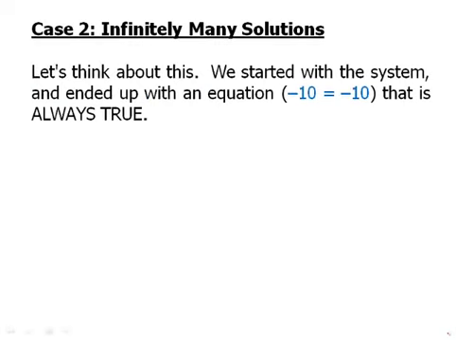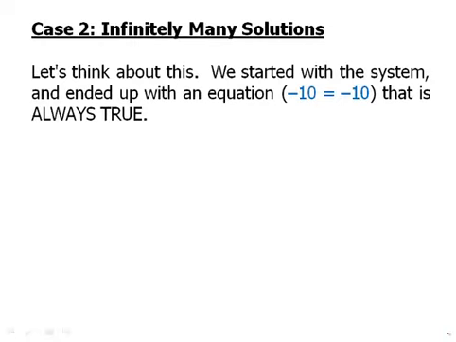We started with the system and ended up with an equation that is always true. It doesn't matter what x or y equal. It's always going to be true that negative 10 equals negative 10. That is true 100% of the time, so it is a truth not dependent on the values of x and y.